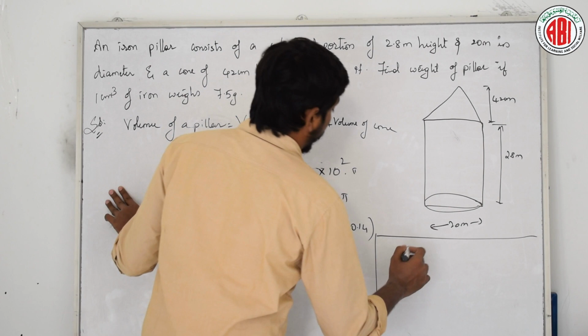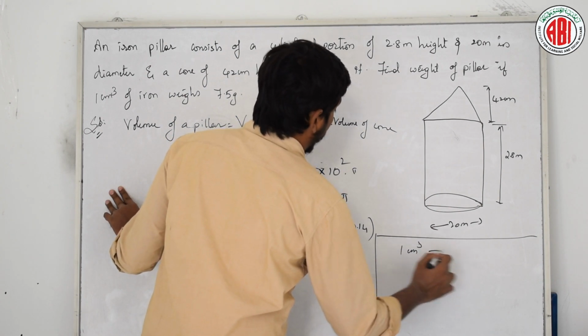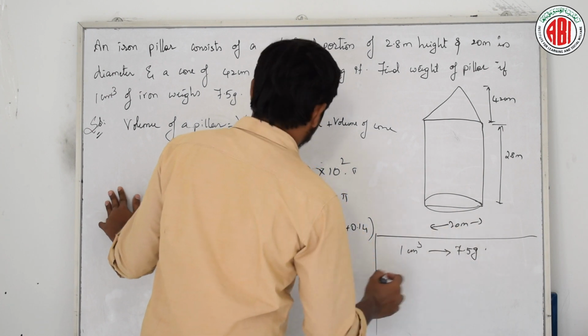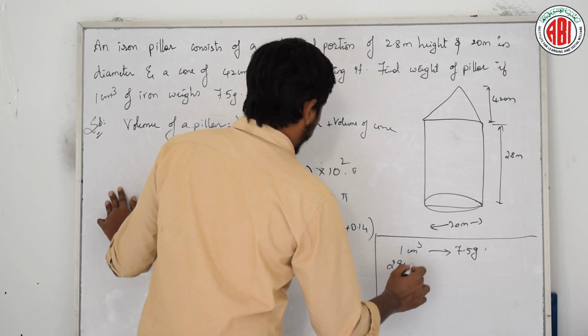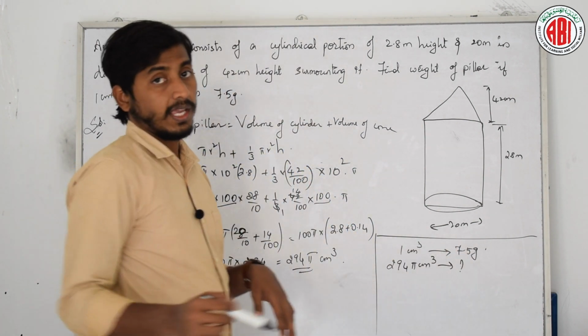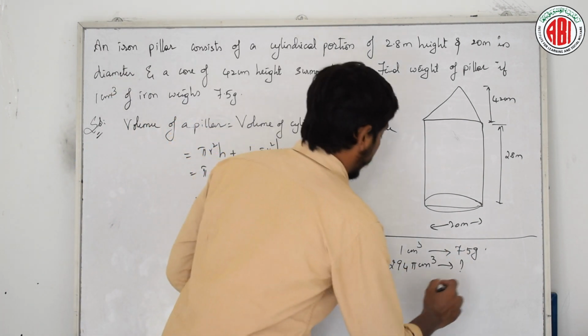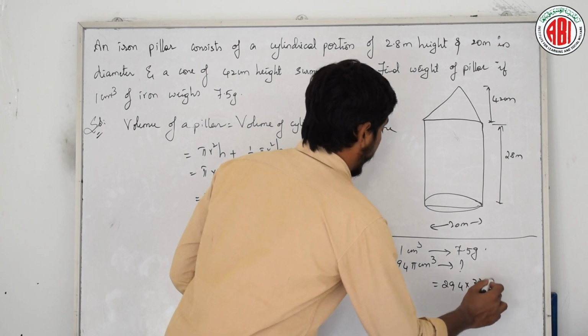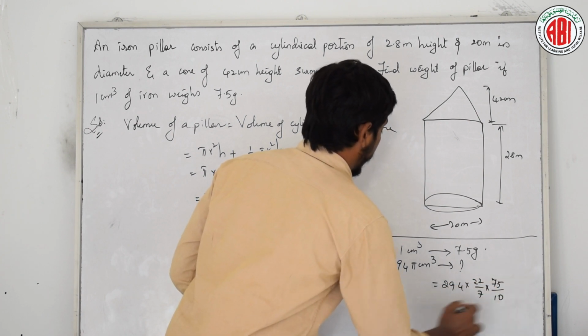Weight of 1 cubic volume is 7.5 grams. Then for 294 pi cubic centimeter, the weight is 294 into 22 by 7 into 75 by 10.